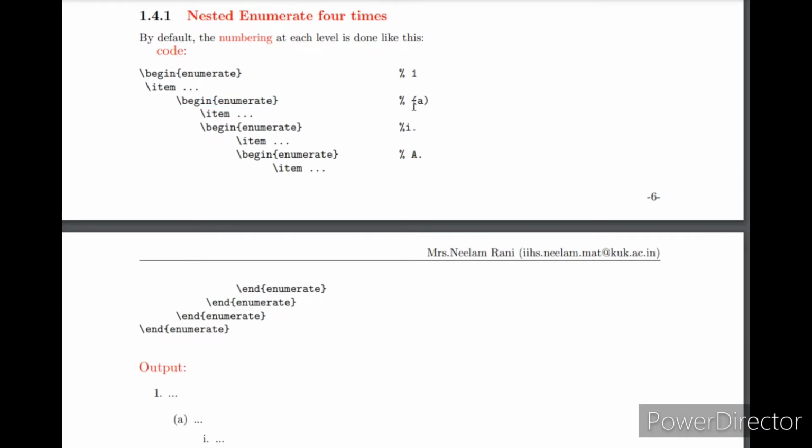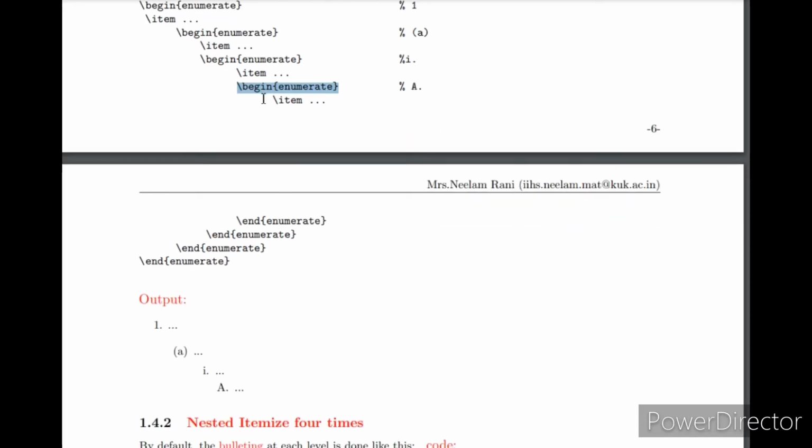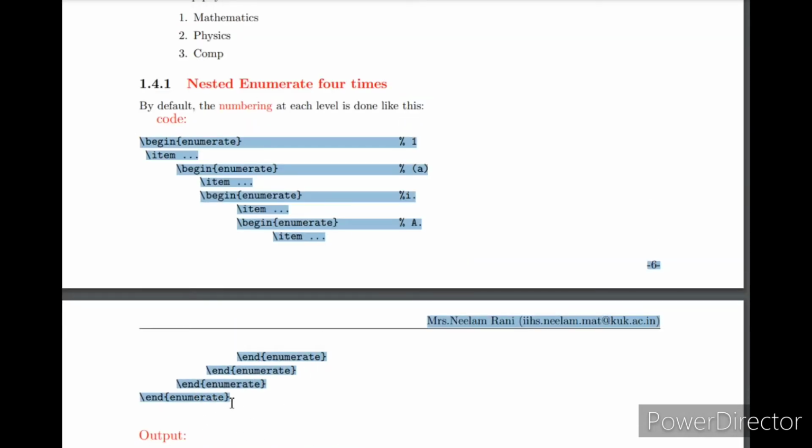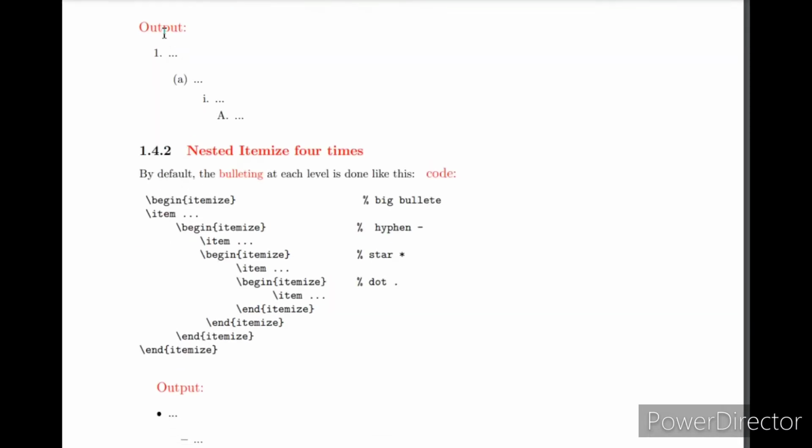Its effect is small a, b, c output, and the third enumerate gives small i, ii, iii, and then the last is the capital ABC series. So if you write this code in your LaTeX, your output will be like this.